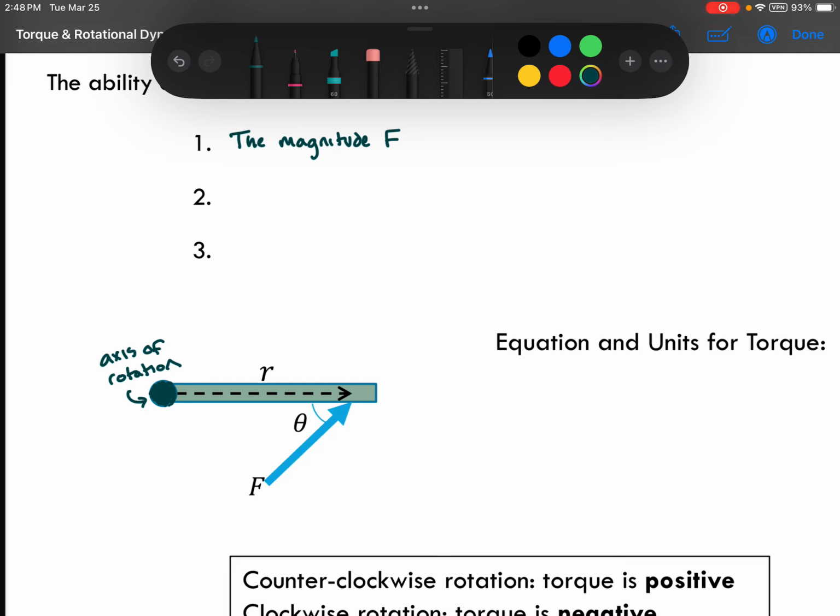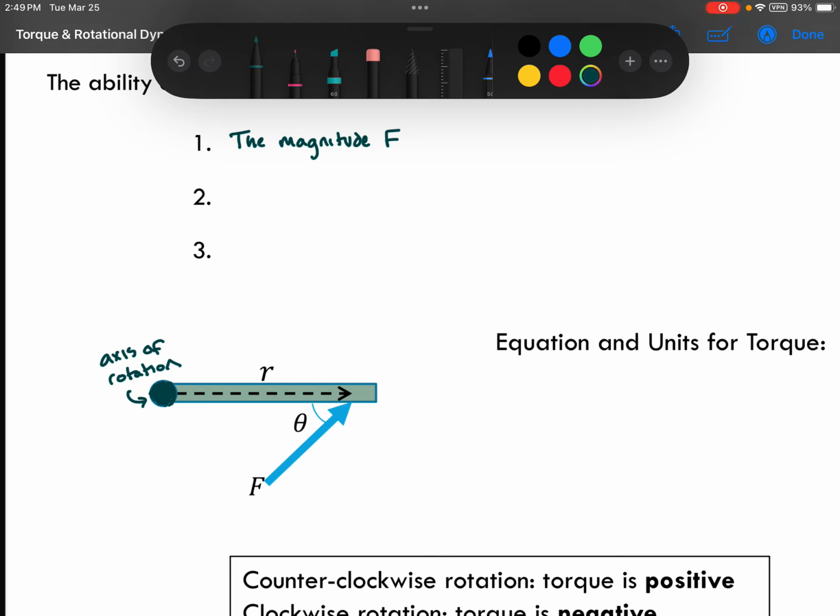Looking at our picture here, another thing that affects our ability to open the door is where on that door are we pushing. If we push on the door hinge, that door's not going to pivot open, is it? So we have to be some distance away from the axis of rotation, and the amount of that distance will affect the torque that we produce.